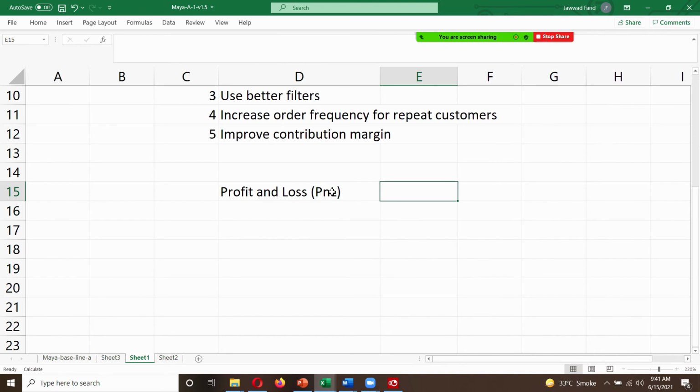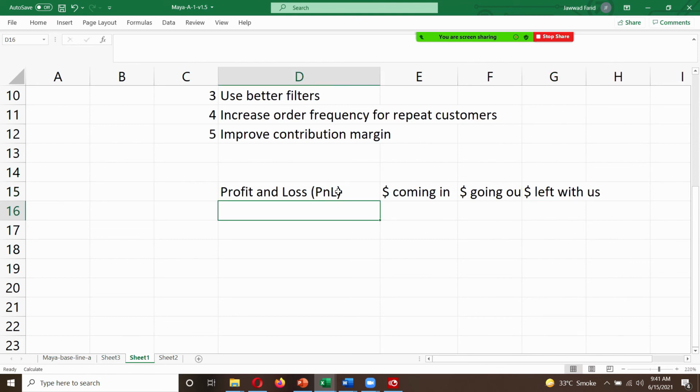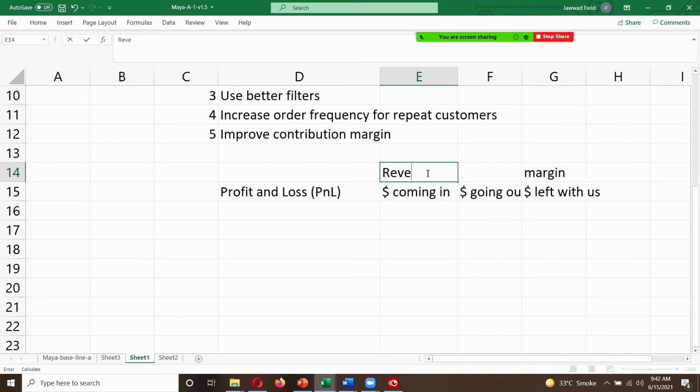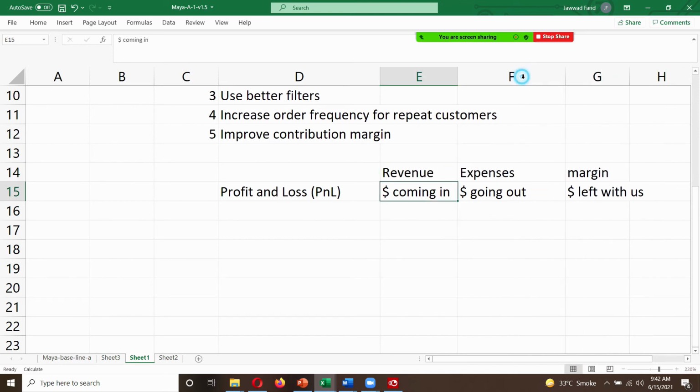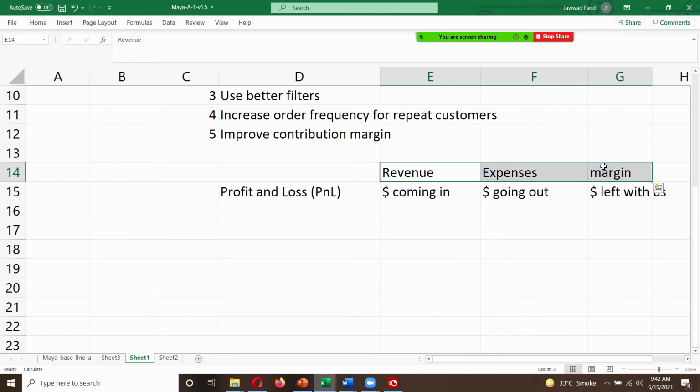This gives us a sense of dollars coming in, dollars going out, and dollars left with us, right? Dollars left with us is our margin. This is our revenue. These are our expenses. So far, so good. This is what we've done, right? That's what we spend time on.